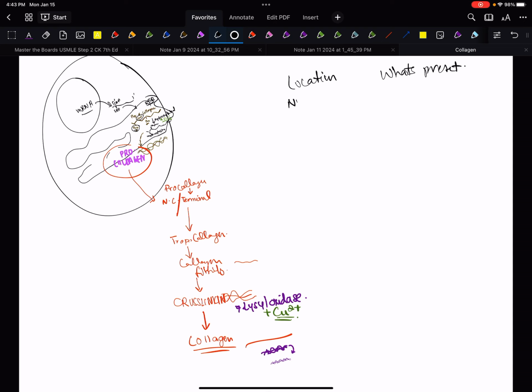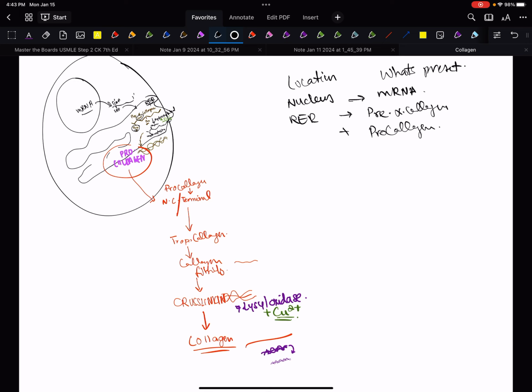Now, in the nucleus, we would have the mRNA. Once we get to the RER, we have the pre-alpha collagen plus somewhat of the pro-collagen.